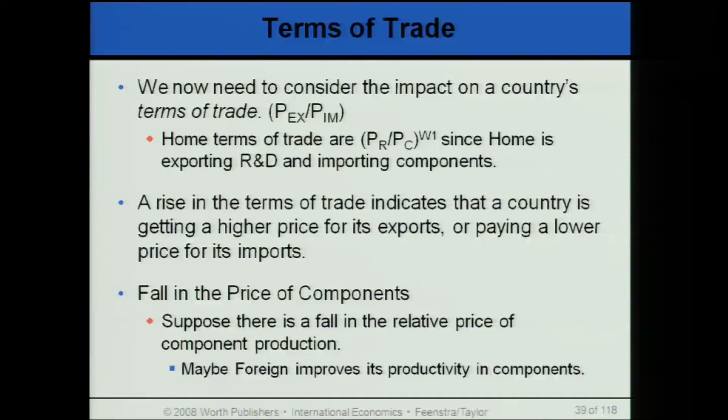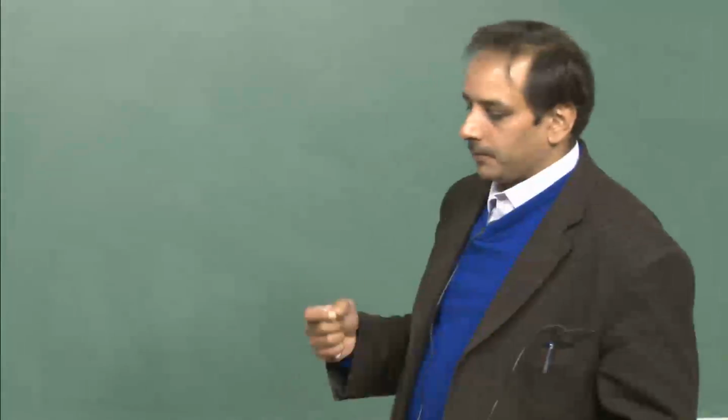Further, we need to consider the impact of this outsourcing, that is trade in intermediate products, on the terms of trade. Now recall, what is the terms of trade? Terms of trade of a country is the price of exports by the price of imports. Now there are two sets of arguments.